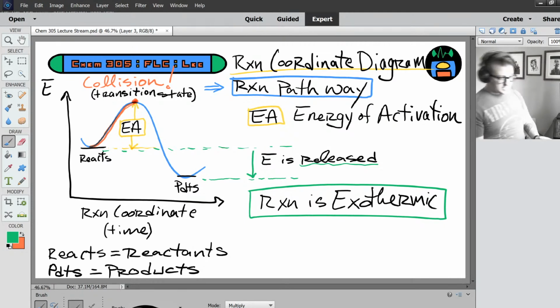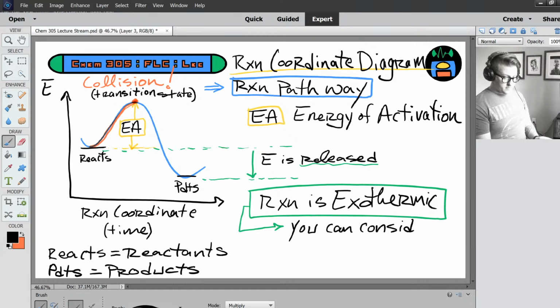And there's one last thing that I want to stress here. When a reaction is exothermic, energy is released, you can consider energy as a product of this reaction.